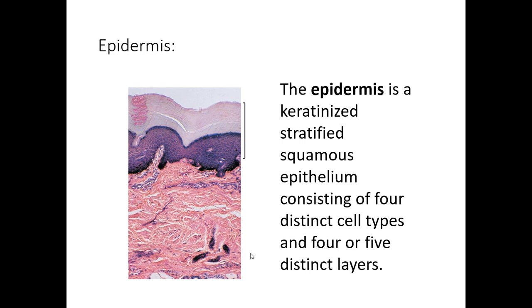So looking at stratified squamous, we know that this particular epithelial tissue has more than one layer. And squamous tells us that they are flat. And you can actually see that present here in the skin tissue from this slide. The skin will have 4 or 5 distinct layers depending on the location of that skin on the body.